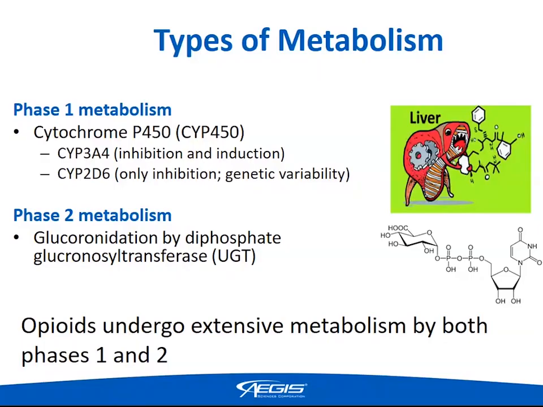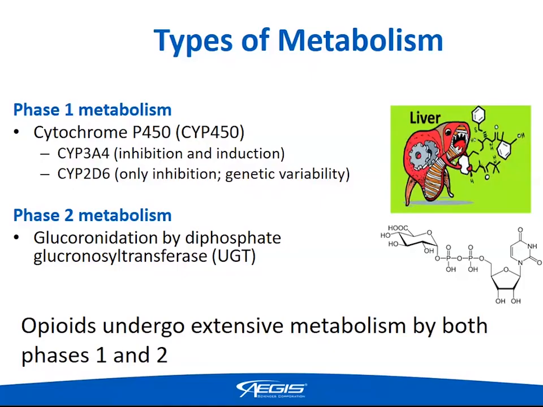2D6 cannot be induced. It is subject to inhibition by a host of medications and may also become saturated. 2D6 also exhibits a tremendous amount of genetic variability. So the clinical significance of CYP2D6 inhibition is variable and highly dependent on its role in metabolism of the opioid.